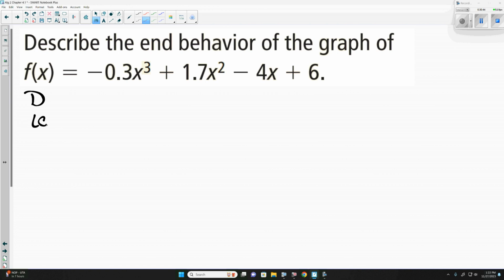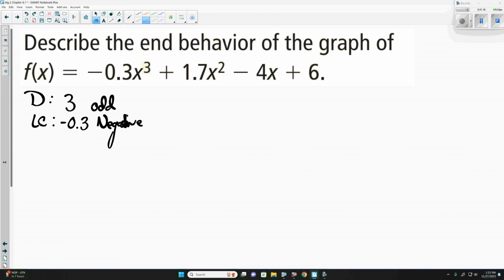What is the degree of this function? 3. Since we're talking about end behavior, the degree is odd. The leading coefficient would be negative. End behavior depends on whether the degree is even or odd, and whether the leading coefficient is positive or negative.